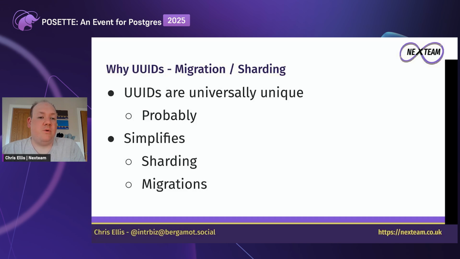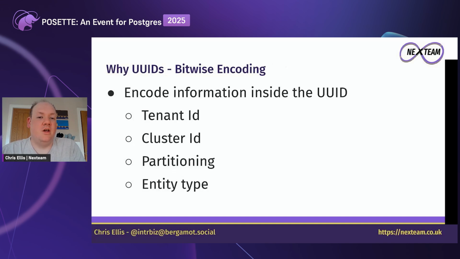And especially if we do what I like doing, which is encoding additional information into UUIDs. Somebody pointed out, this is maybe the hardware developer in me, but I like to bitwise encode information into UUIDs. I just see them as a 16-byte data structure that I can do something with if I know what I'm doing.